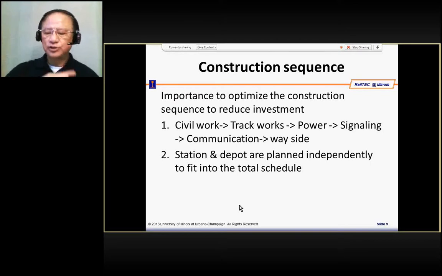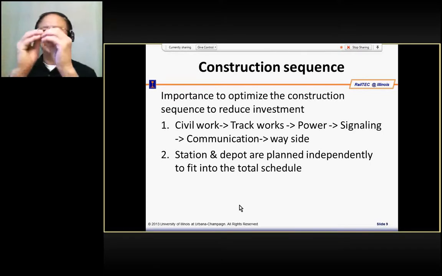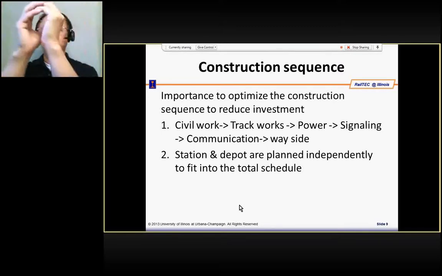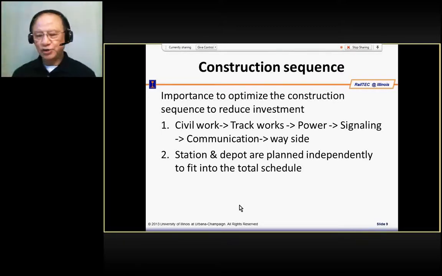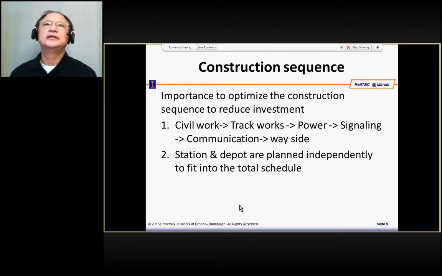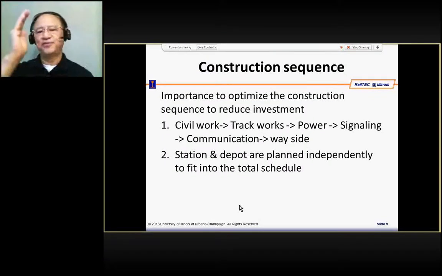In construction, you start with the civil work which supports the track work, which supports the power system, which supports the train. So it's building from the bottom up. In design, you consider it from the train, top down. And in construction, you go from civil work, bottom up. So construction and design are in different sequences.